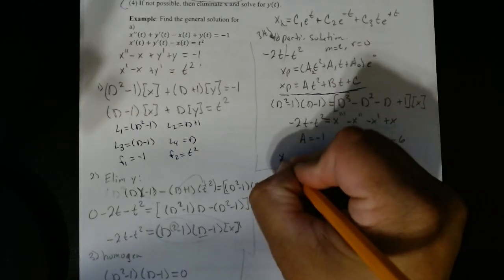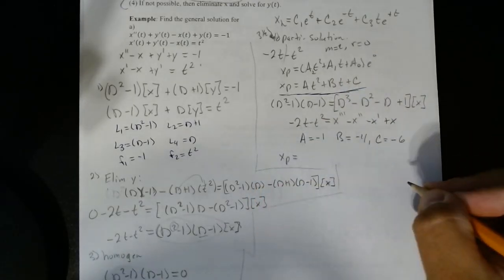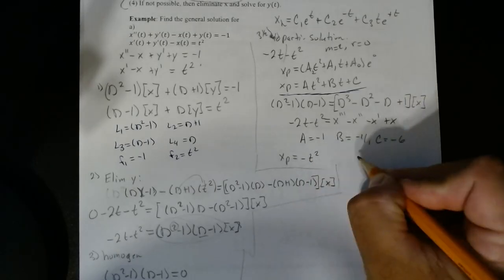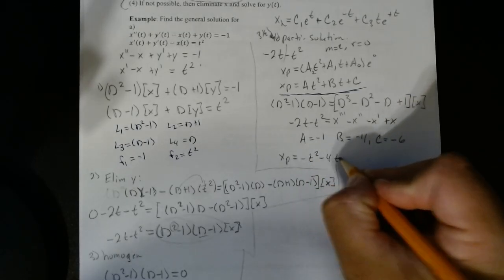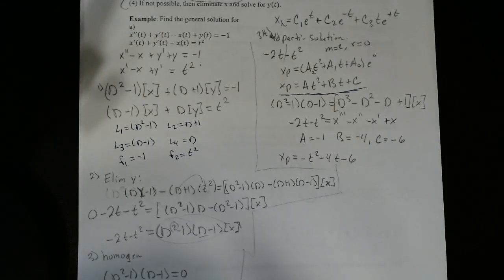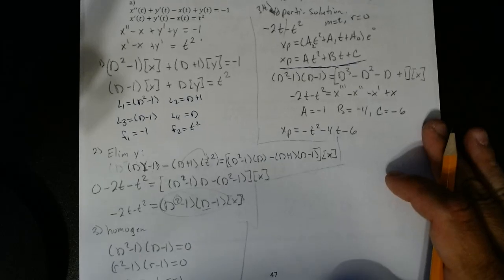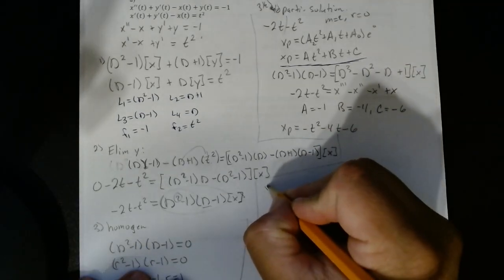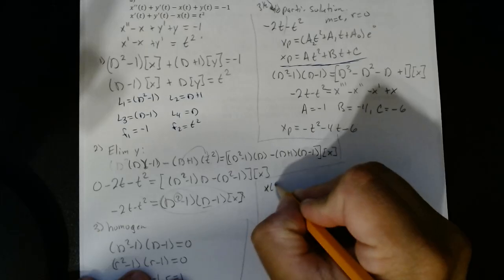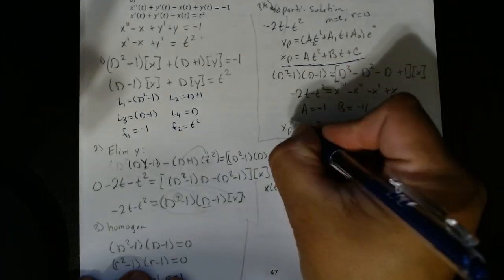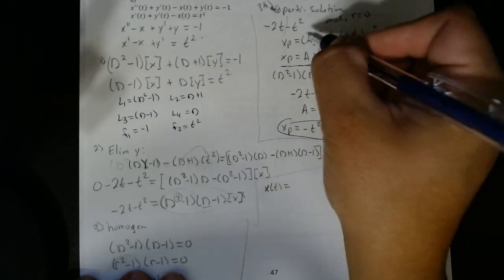So our particular solution is going to be negative t squared minus 4t minus 6. Okay. All right, so we're not done yet, right? So we found our general solution for x of t. So remember, our general solution is always our particular solution plus our homogeneous part.